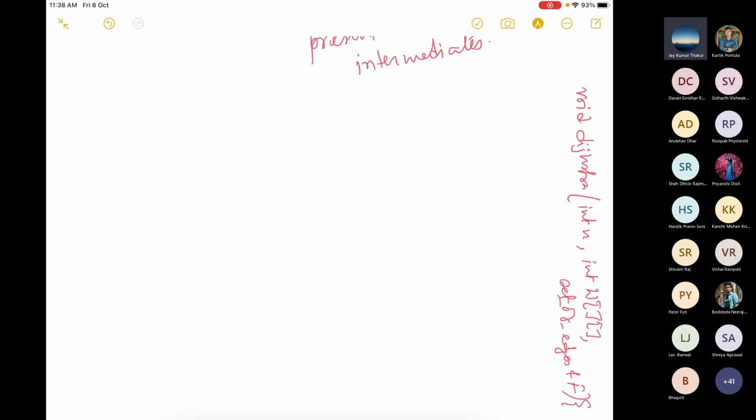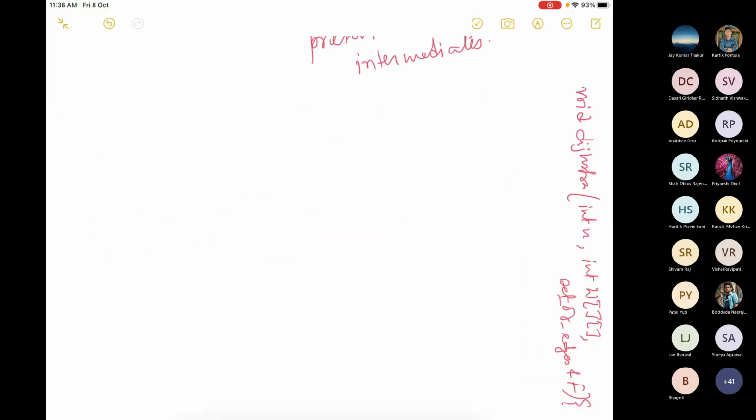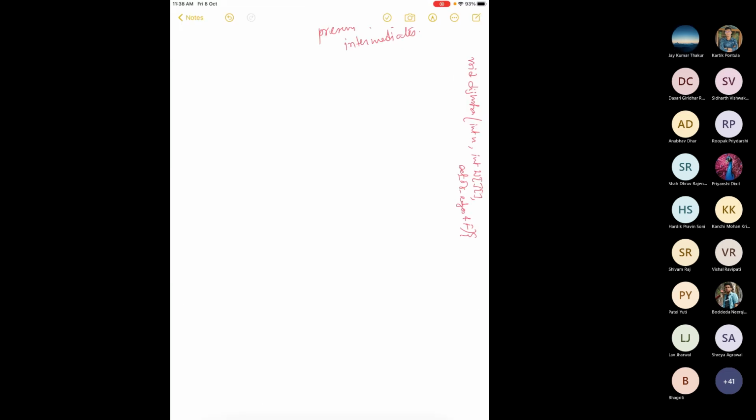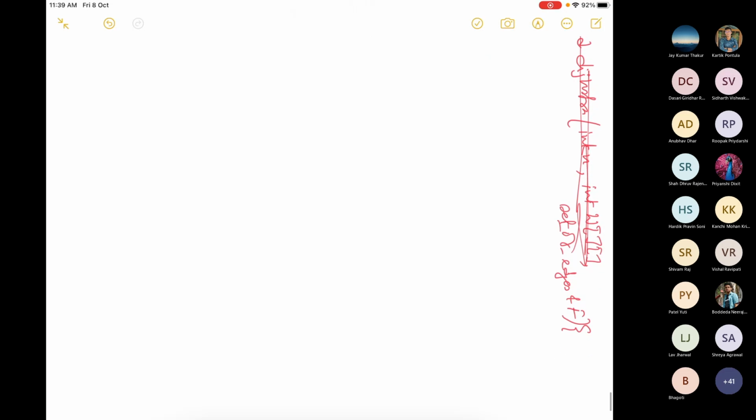Sir, you are writing vertically down. Sir, it is tilted, your screen is not rotated. Wait, now is it visible? It is visible but tilted. Actually, I tilted it for writing, for having more space. Okay, let me try to write it as it is. Now is it fine?